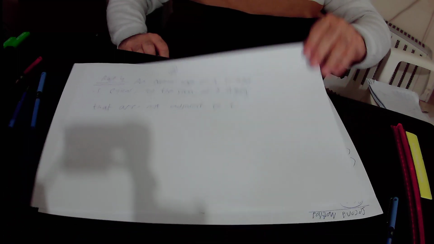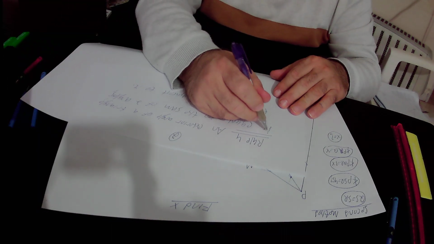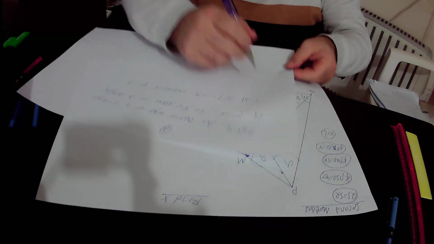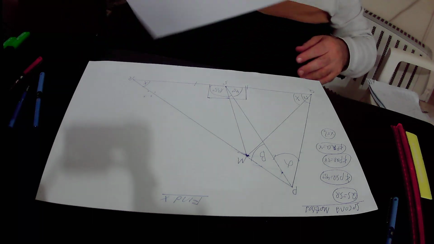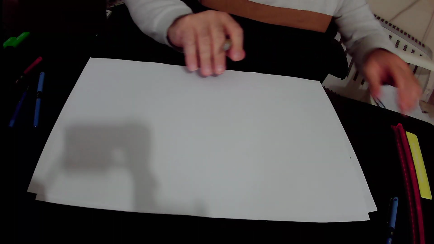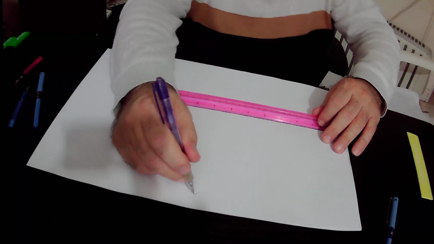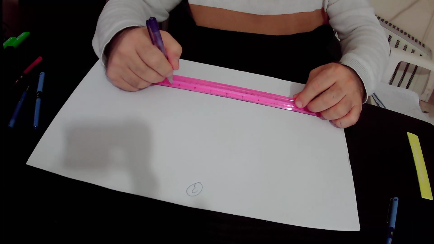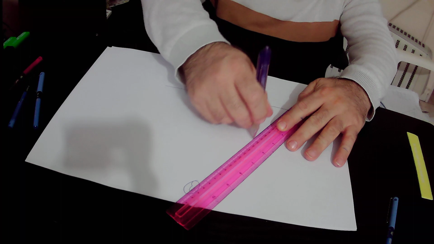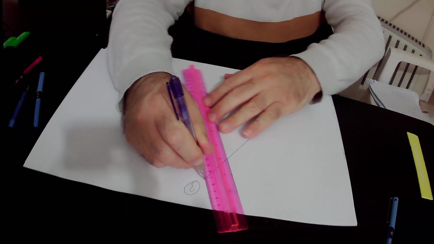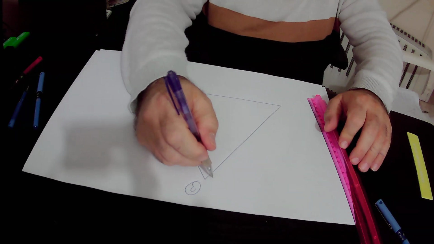So what is the meaning of rule number 4? The meaning of rule number 4 is that if we have a triangle ABC, so this is triangle ABC.